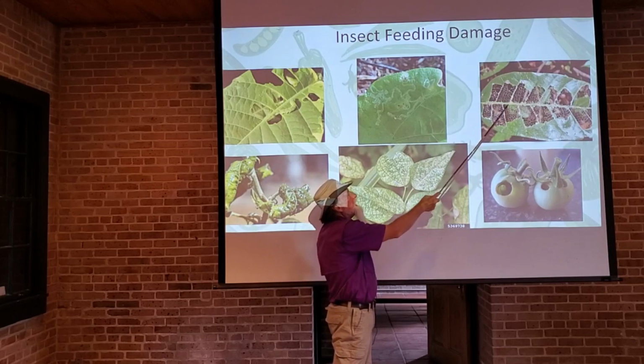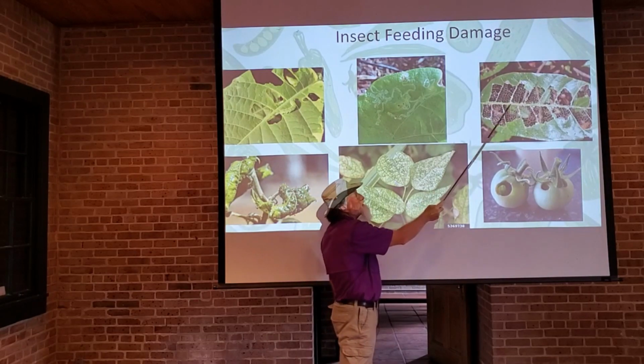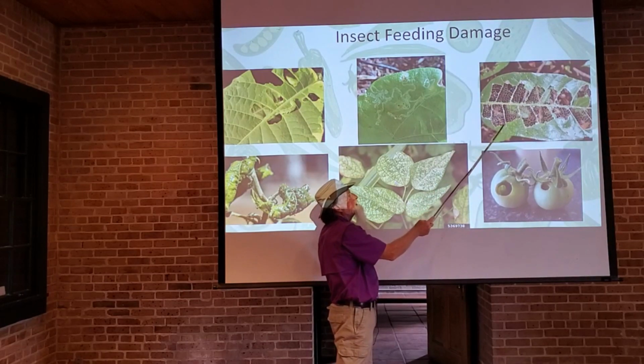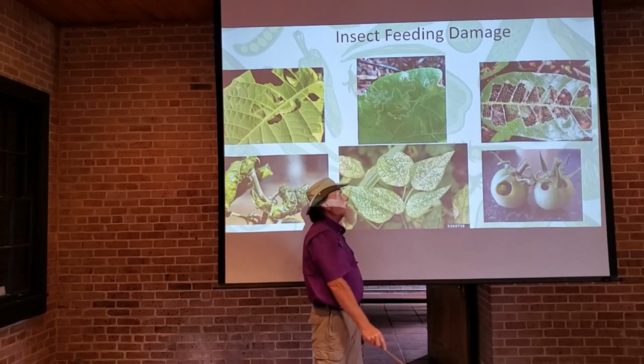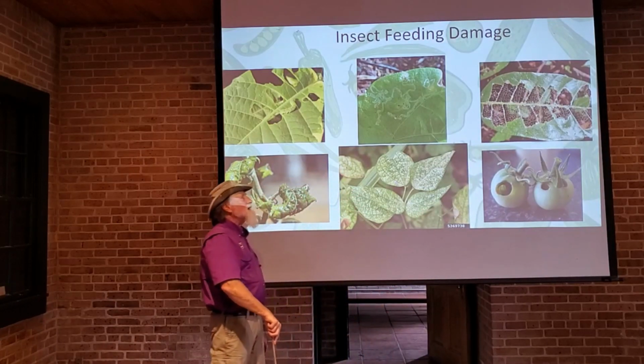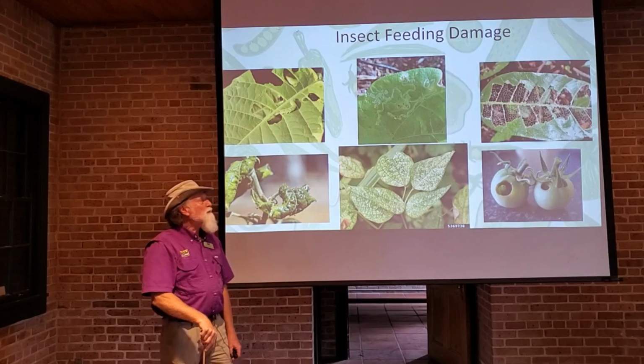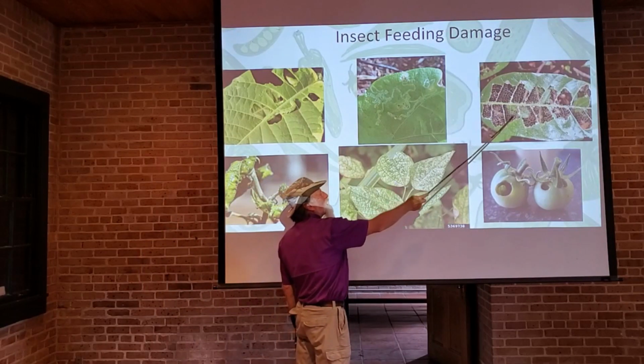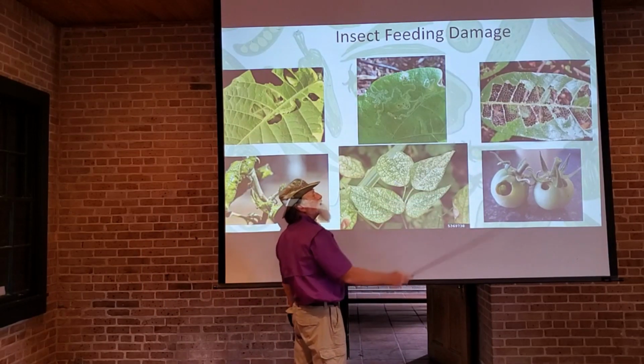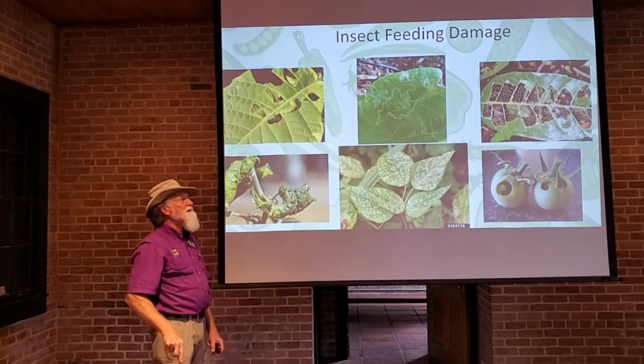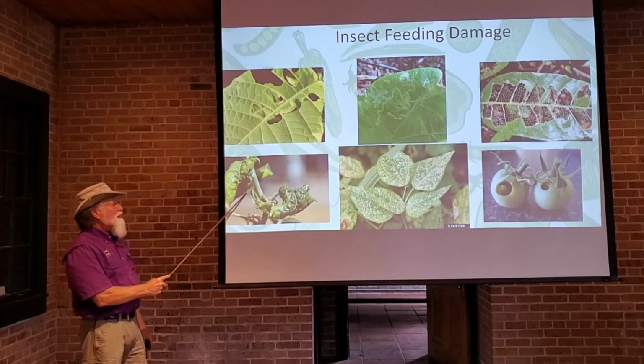So they're leaving behind, and you see the major vein here, the side veins, and all these small veins branching out. The xylem and phloem tissue, they're leaving all that behind and just eating the leaf tissue. This is called skeletonizing.